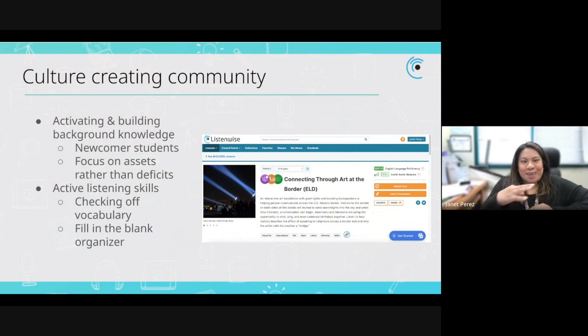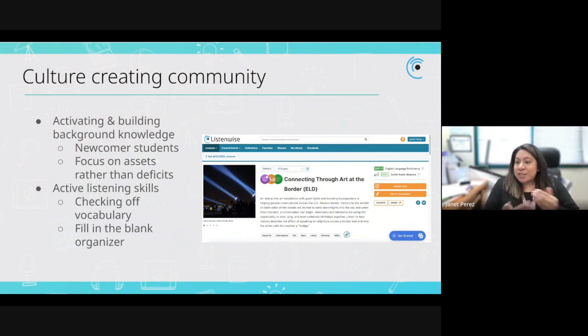If I'm talking and they're just listening, as long as they're not making noise, they're listening, right? But we want them to be active listeners. We want them to understand what is being said and be able to explain what they heard, right? It's not just sitting there quietly.